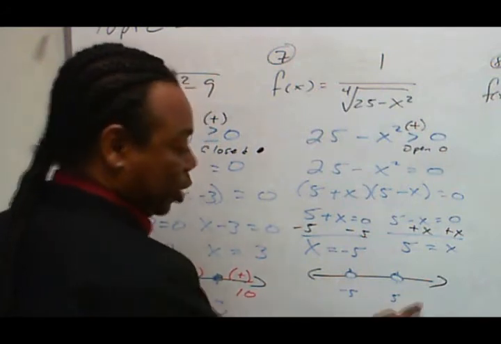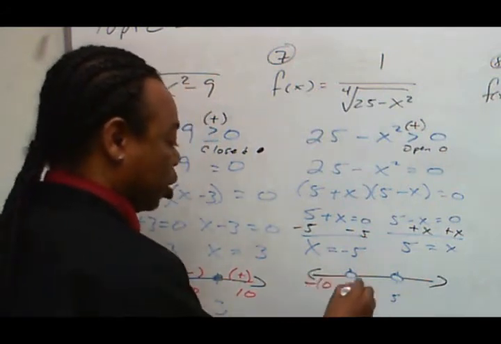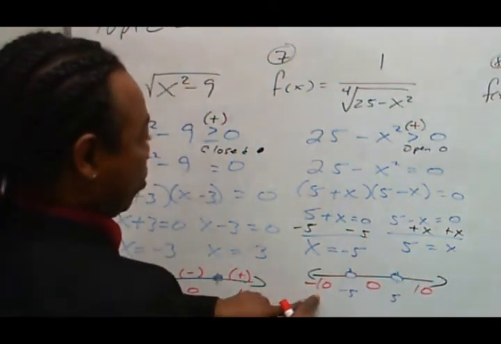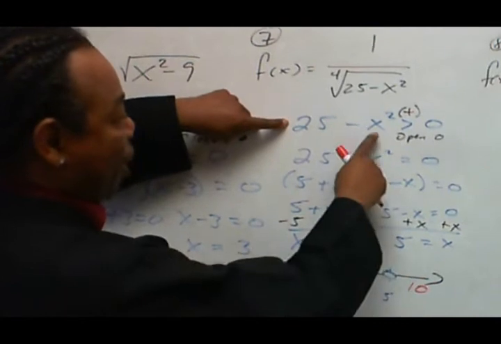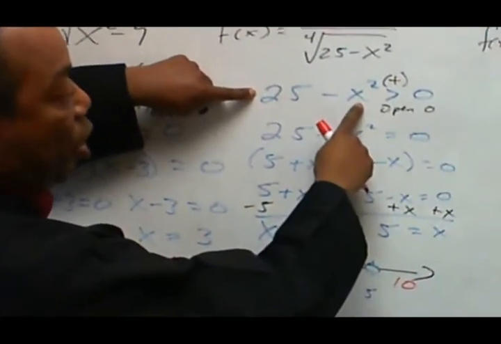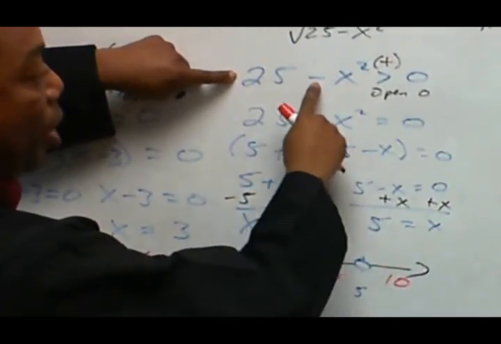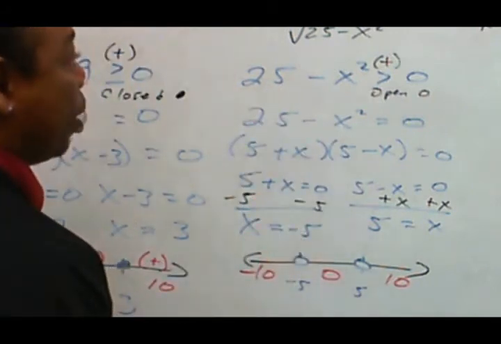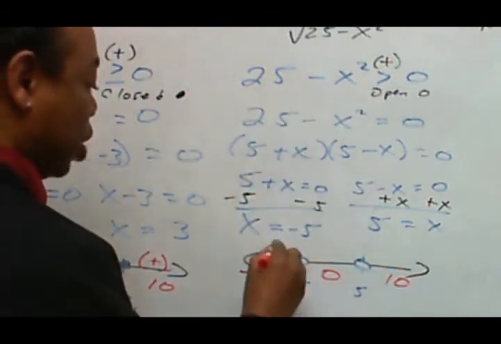So I'm going to test each one of these areas using negative 10, 0, and positive 10. If I square negative 10, I'll get 100. Then that'll become negative 100 and a positive 25, which is negative.